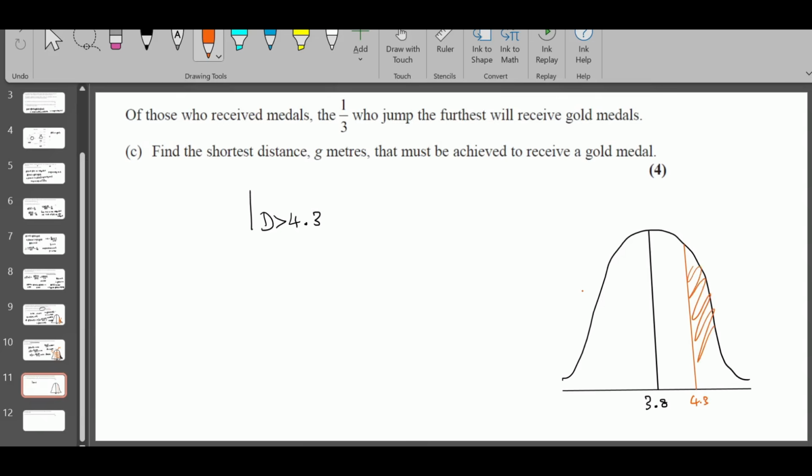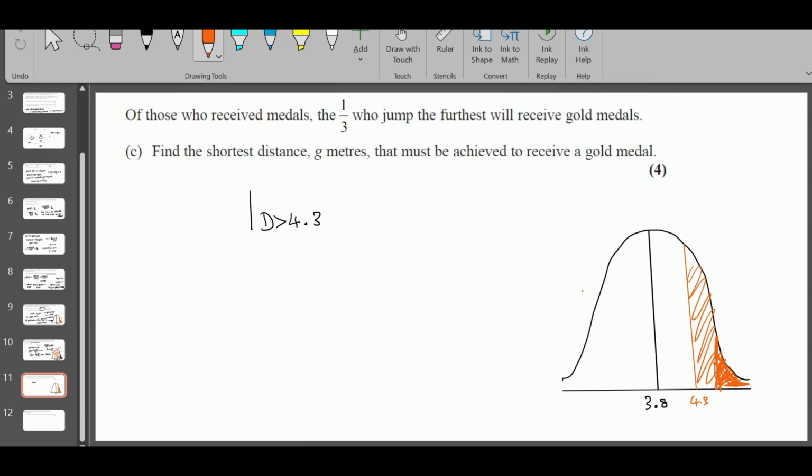All these people in this category are going to receive the medal. But 1/3 of those who jump furthest will receive a gold medal. So let's say this is 1/3 of them who jump furthest. This part, only this part.